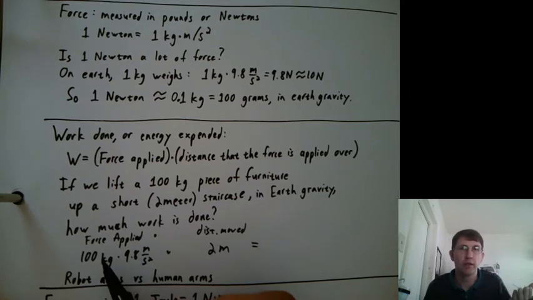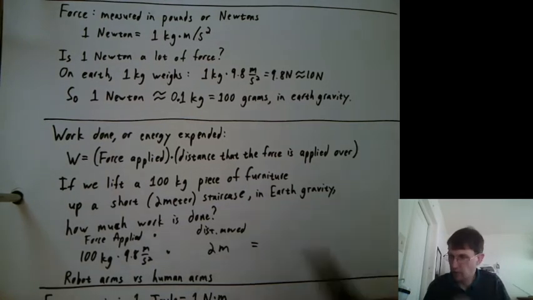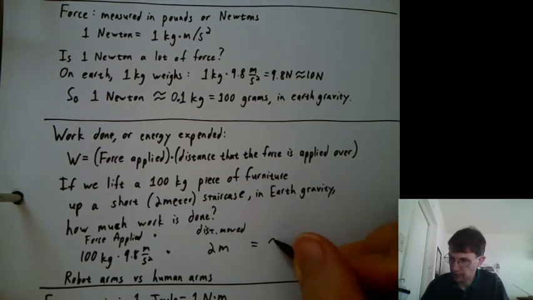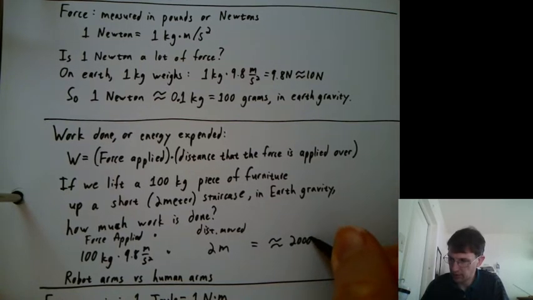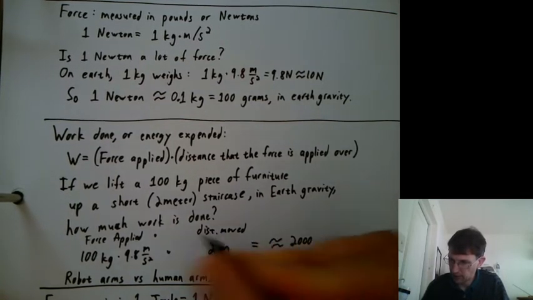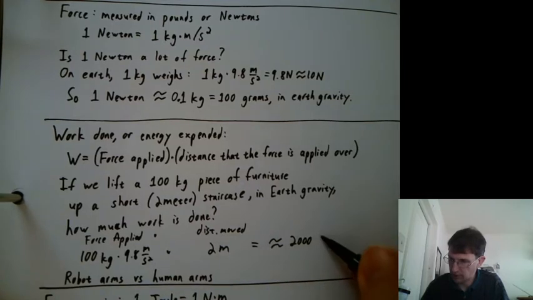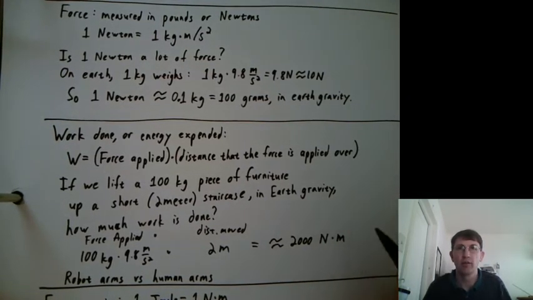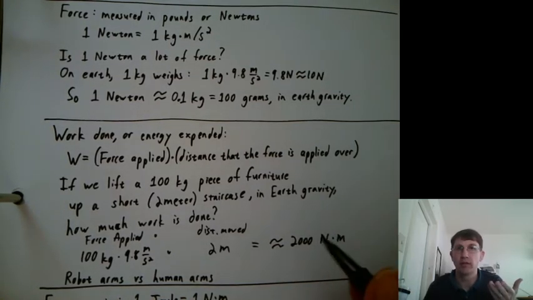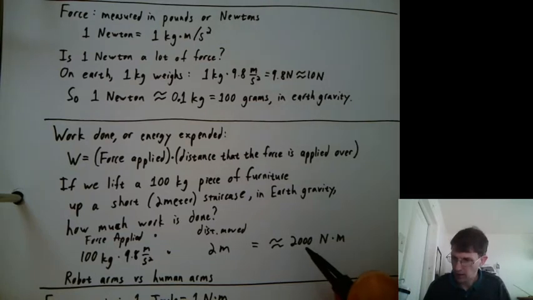So it'd be 10 times 100 is 1,000 times 2. So that'd be roughly 2,000 newtons times meters. That's the amount of work done to move a fairly heavy piece of furniture up 2 meters.